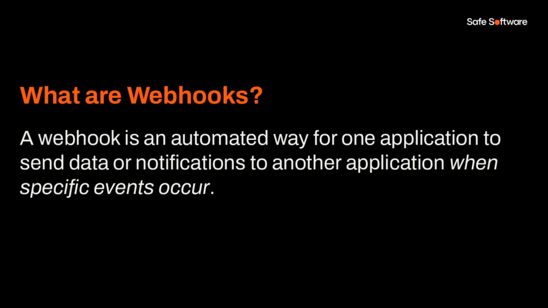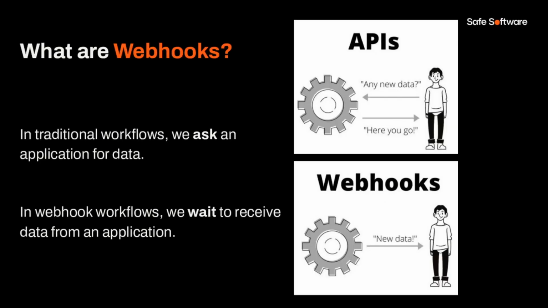So webhooks ultimately allow us to build reactive instead of proactive workflows. In traditional workflows, we often ask the application for data. So you might already be familiar with APIs or other methods of data retrieval. And if it's time sensitive, we can only ask for this data more frequently. Webhooks eliminate that burden. They tell us the moment the data is available.